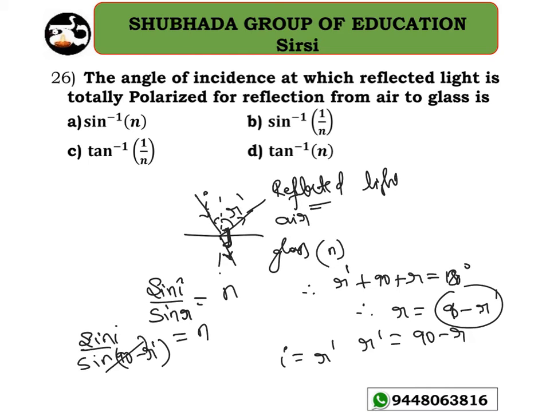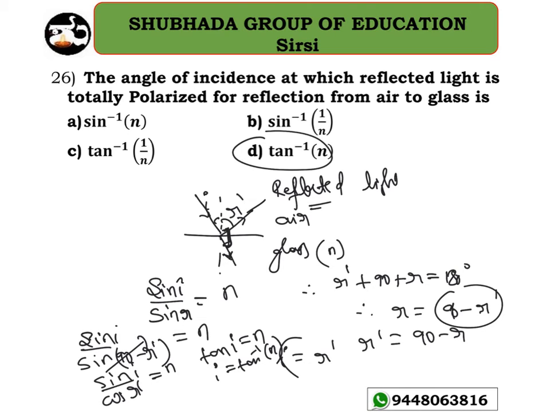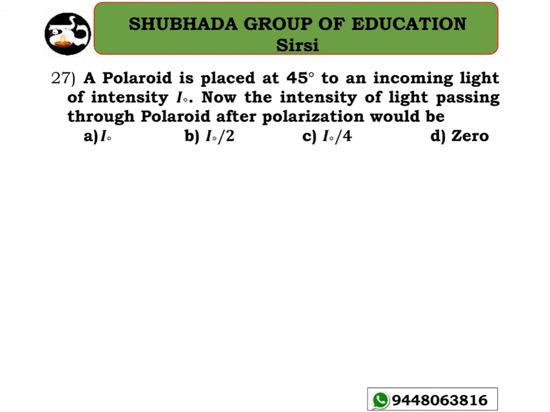Sine of 90 minus theta is cos theta, so sine I divided by cos r dash equals n. As you know, r dash equals I, so sine I by cos I is tan I. Tan I equals n, I equals tan inverse of n. Option D is the right answer for this question.